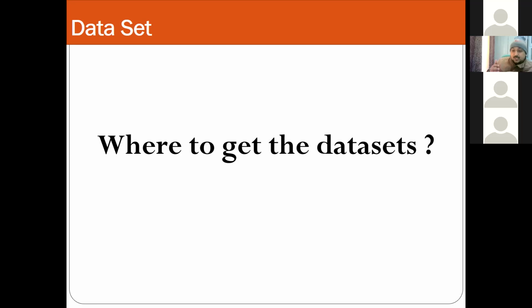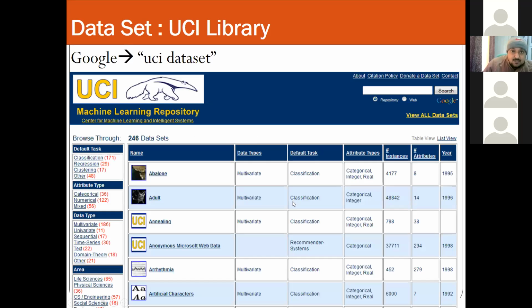When we apply these data mining techniques, we require data sets, and these data sets can be retrieved from particular websites. For example, the UCI library provides a lot of data sets.